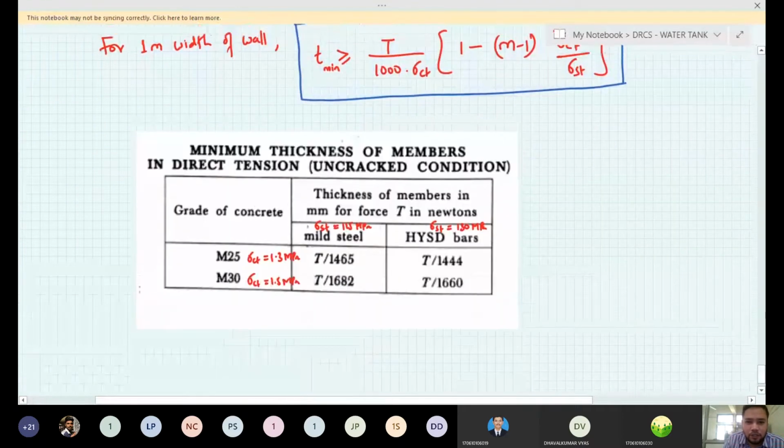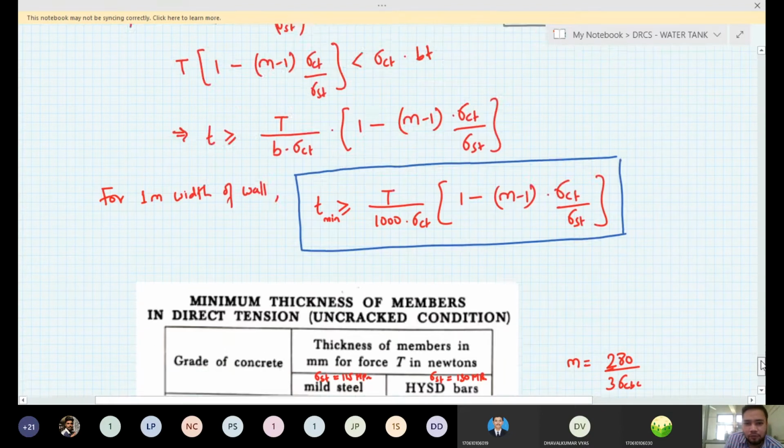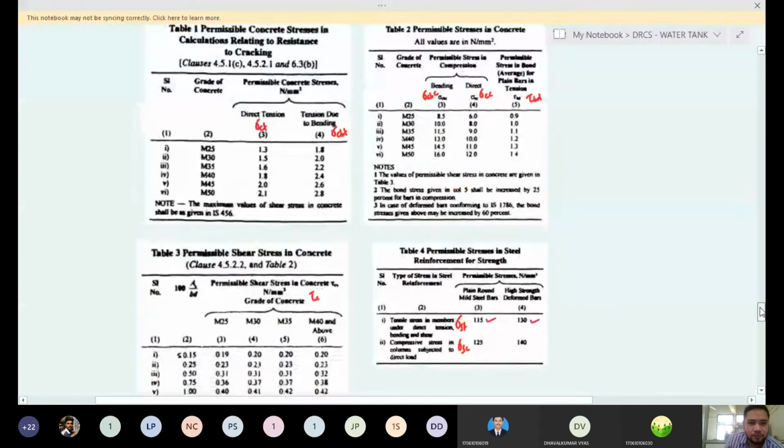So your thickness in terms of the tensile force T would be this. You can use this formula to find the minimum thickness, or you can use this formula also. Here the modular ratio for M25 grade: we know that the modular ratio m is equal to 280 by 3 times sigma CBC. For M25 grade, sigma CBC is 8.5, and for M30 grade it is 10.